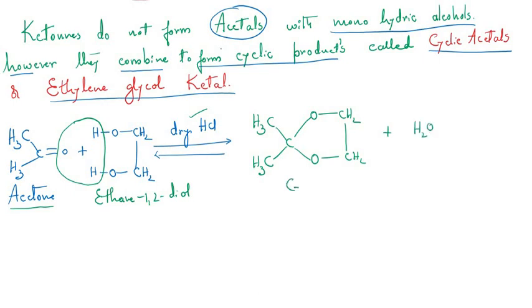So this compound is called a cyclic ketal. If it is an aldehyde, it is called an acetal, and if it is a ketone, it is called a ketal. Is it clear, students? One should remember that the ketals are formed, and these are reversible reactions. So acetals and ketals, when subjected to hydrolysis in the presence of water, regenerate the original aldehydes or the original ketones.